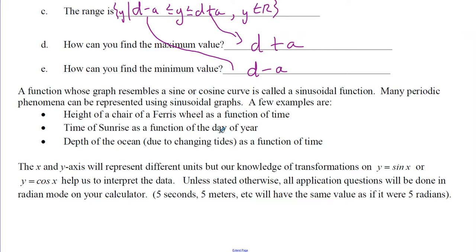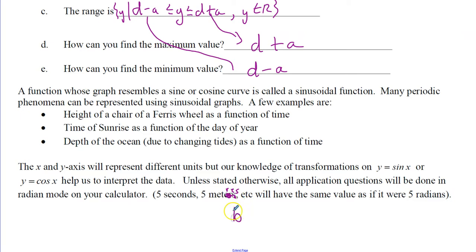The x and y axis will represent different units, but our knowledge of transformations on y equals sine x or y equals cos x helps us to interpret the data. Unless stated otherwise, all application questions will be done in radian mode on your calculator. 5 seconds, 5 meters will have the same value as if it were 5 radians.